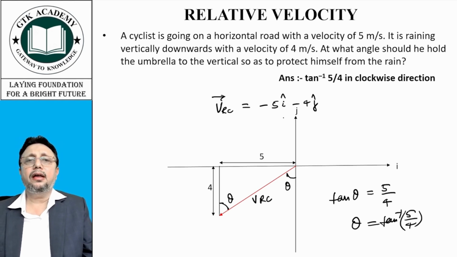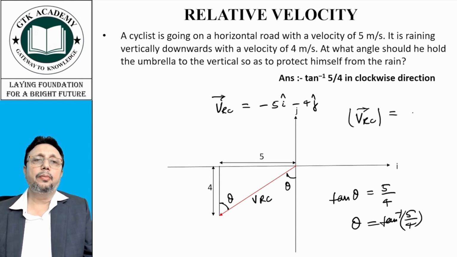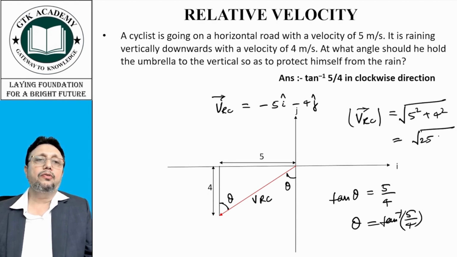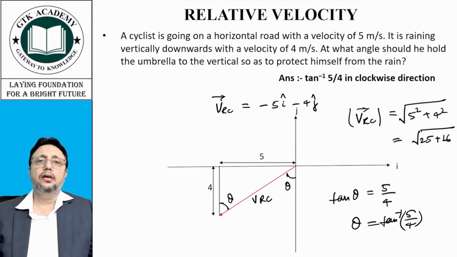Now here only the direction of relative velocity is being asked. If they ask for the magnitude, VRC magnitude will be under root 5 square plus 4 square, which is under root 25 plus 16, whatever it is, right?